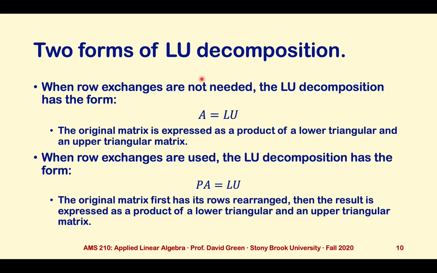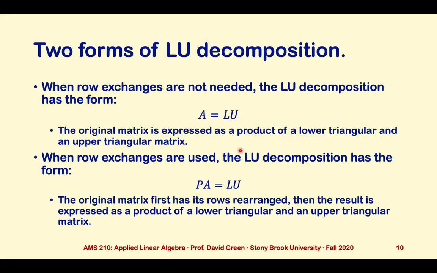When row exchanges are not used, when we go through Gaussian elimination with no row exchanges, we will have a decomposition where we write A as a product of 2 matrices: the original matrix expressed as a product of a lower triangular matrix, L, and an upper triangular matrix, U. When we do need row exchanges, we are going to have to add 1 more piece to the LU decomposition, a permutation matrix that we multiply A by first.